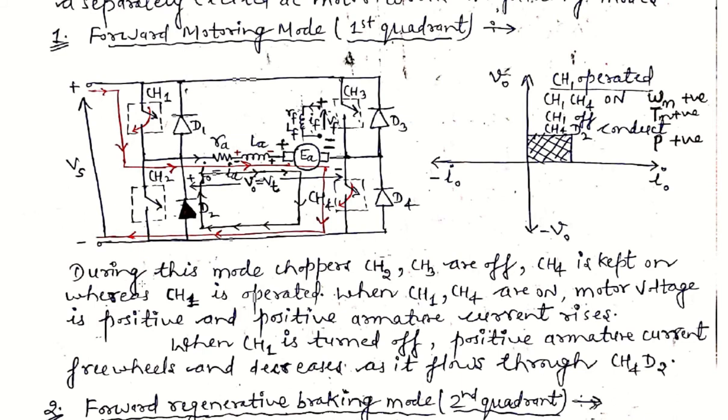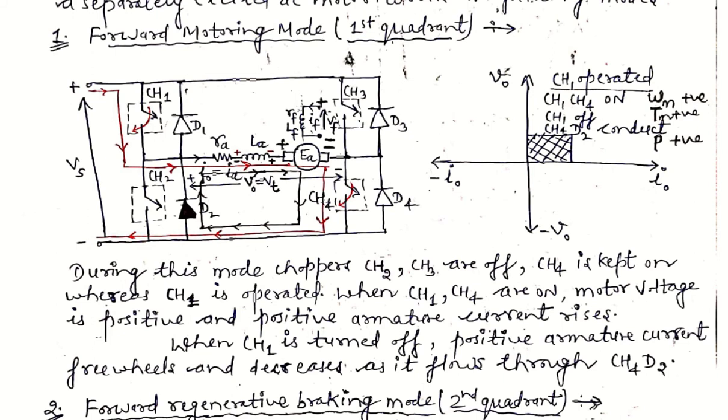During this forward motoring mode, choppers CH2 and CH3 are off, CH4 is kept on, whereas CH1 is operated, because the main control is in the hands of CH1.